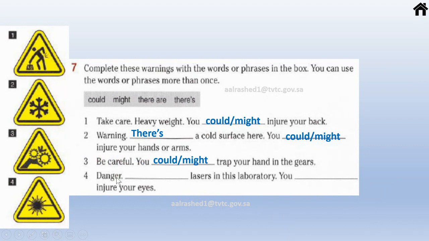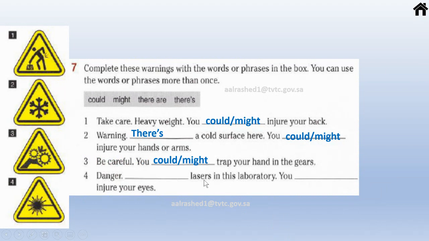For danger, خطر. What did this symbol mean? Lasers. So if you saw the symbol in the future or in the past, okay, it represents lasers. In the laboratory, مختبر. Okay, laser.